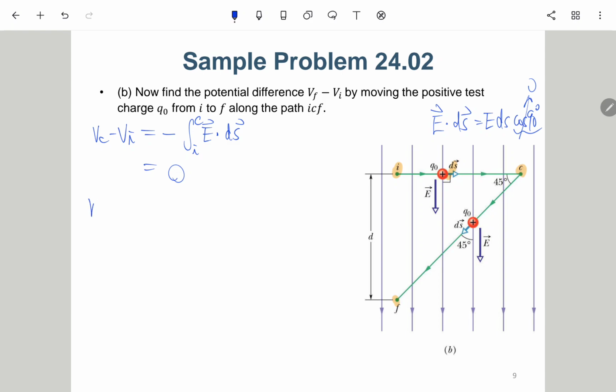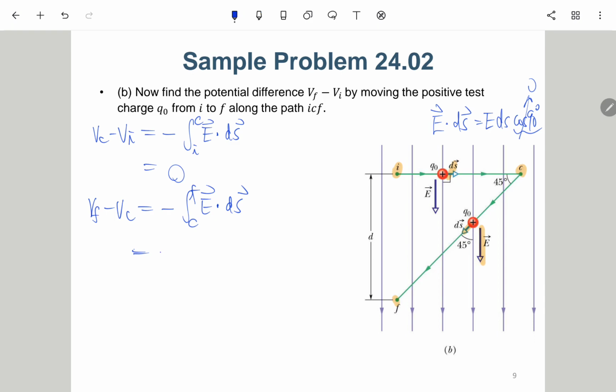Next we have Vf minus Vc, which is negative integration of E dot ds from C to F, from this point to here. Here ds is like this, and E is like this, so they have a 45 degree angle in between.